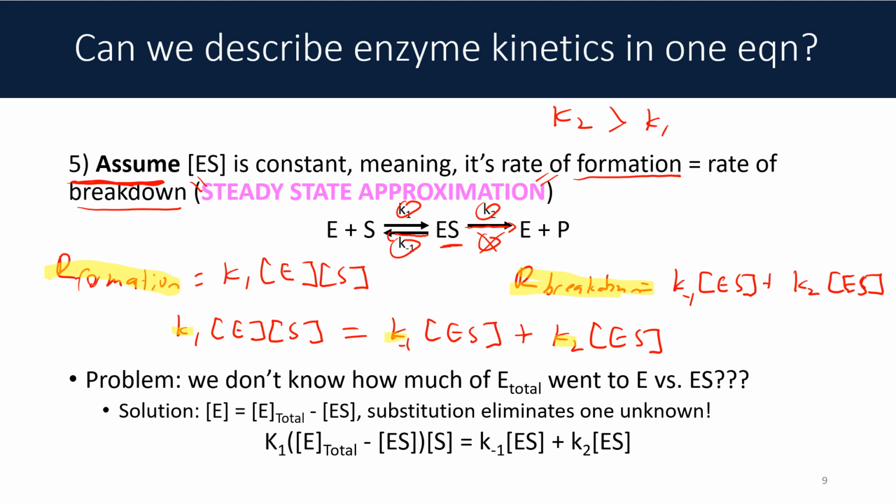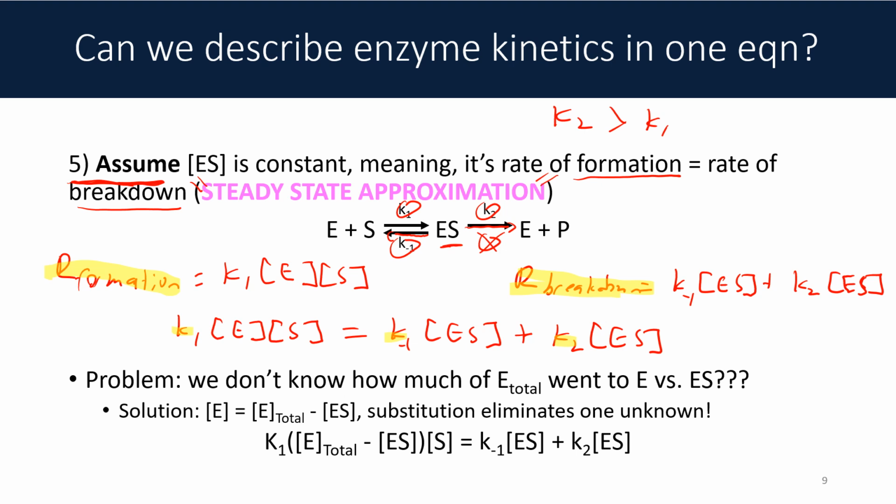Even worse, we don't know how much of our enzyme is free and how much of it is ES. So what we can do is rearrange our equation bit by bit until we have reaction rates on one side and a bunch of terms that we do know on the other. And the first fix to this problem is to get rid of E.